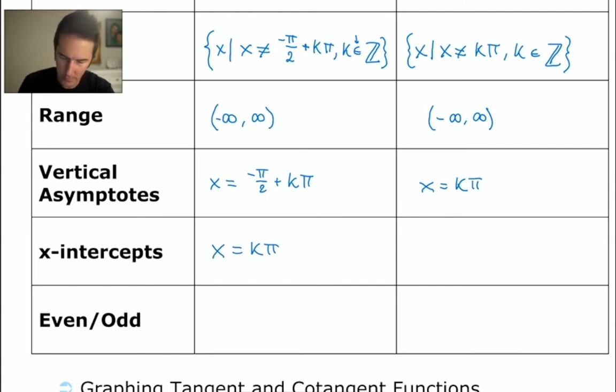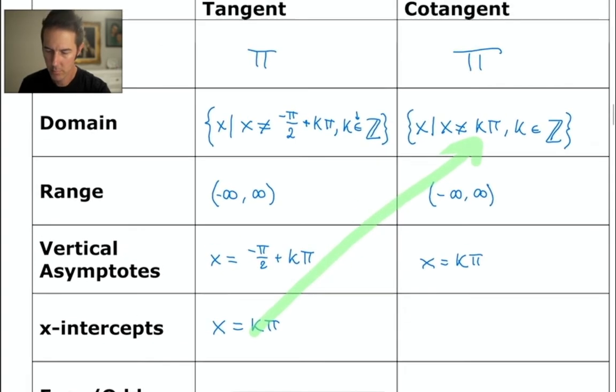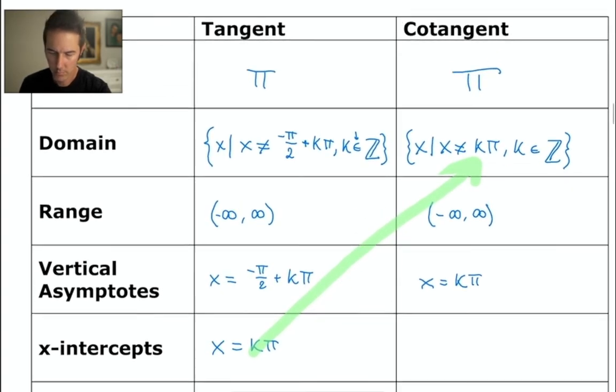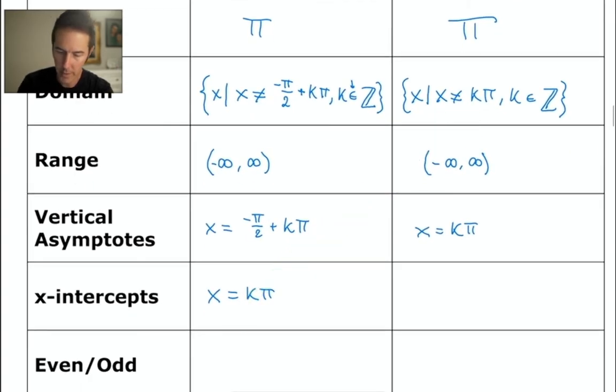And look at this. The x-intercepts correspond to the location of the vertical asymptotes for the cotangent function.